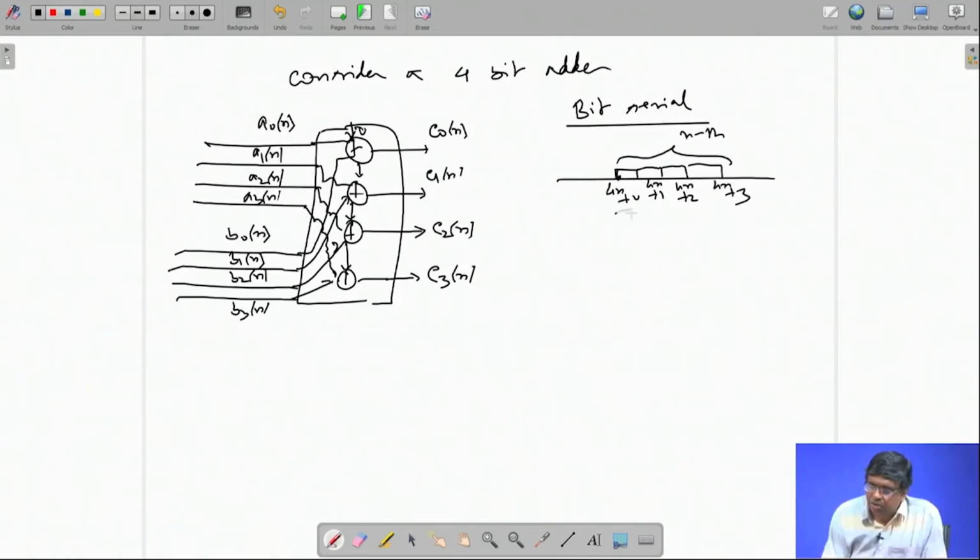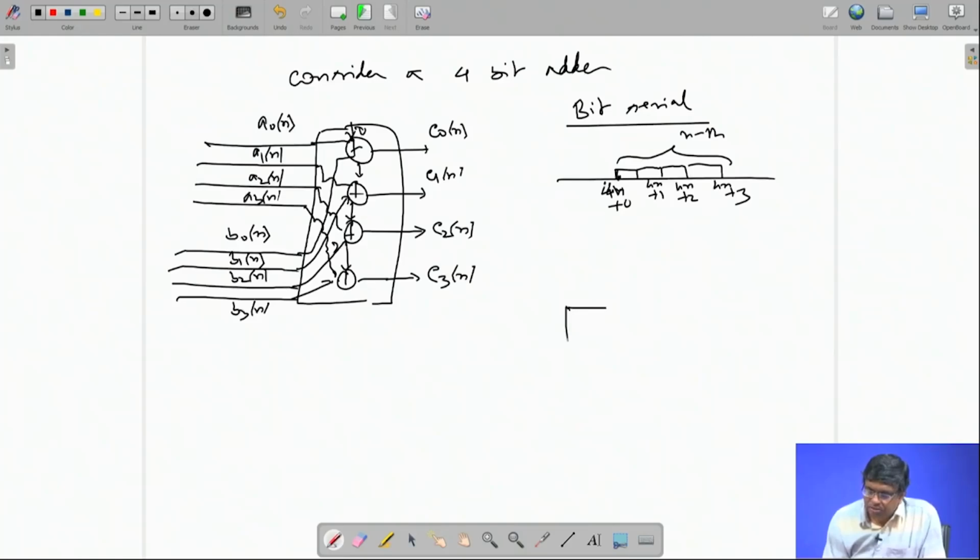Okay, this time A0n. So, I will have to use just only one adder, because the system will take only one line for A, only one line for B. A0, then A1, then A2, A3, similarly B0, then B1, B2, B3, but through only one line. So, at a time only one A bit and one B bit have to be added.